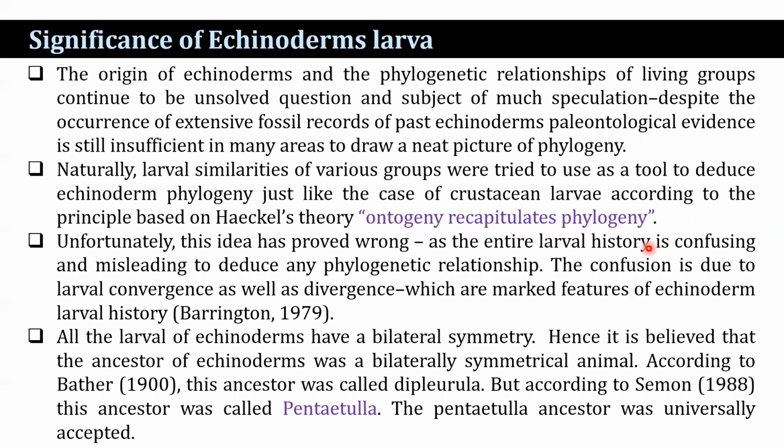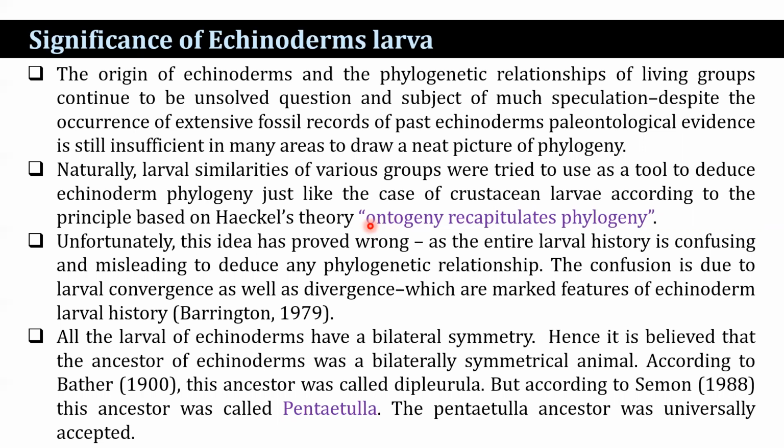Naturally, larval similarities of various groups were used as a tool to deduce echinoderm phylogeny, as in the case of crustacean larvae. According to the principle based on Haeckel's theory, ontogeny recapitulates phylogeny. Unfortunately, this idea has proved wrong.